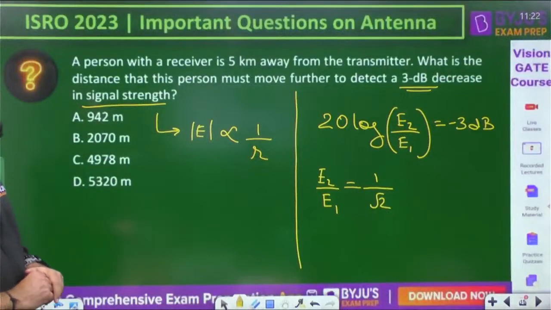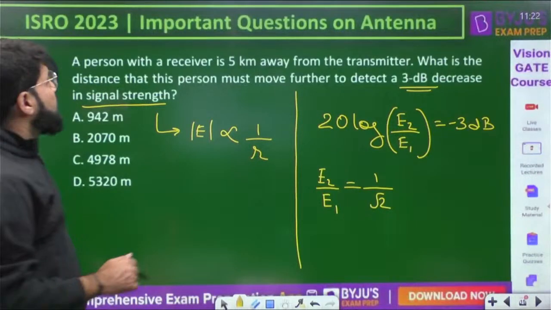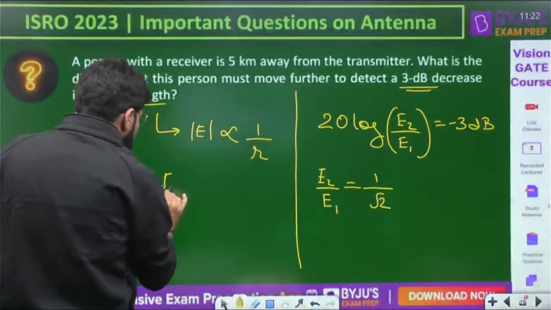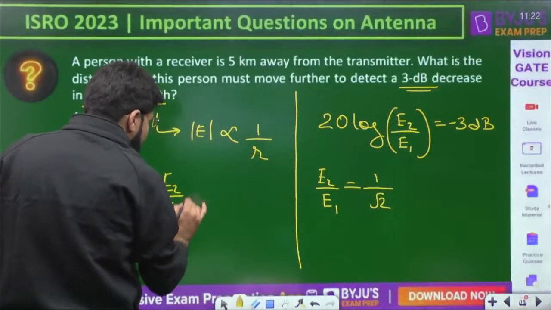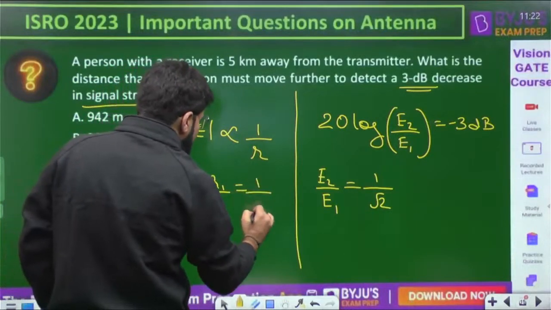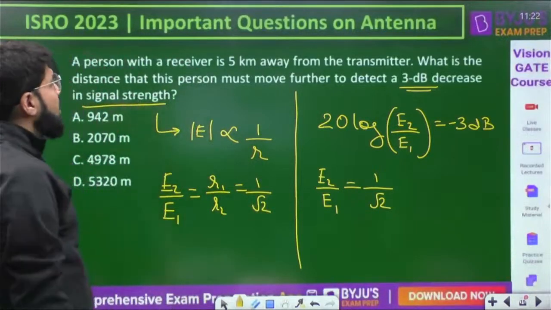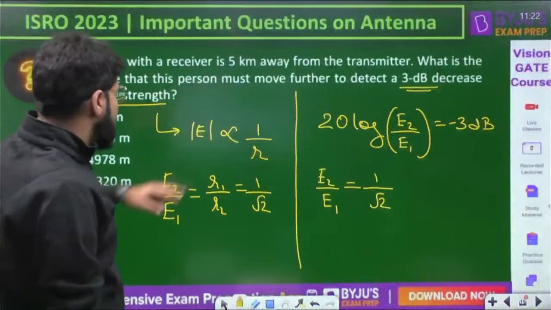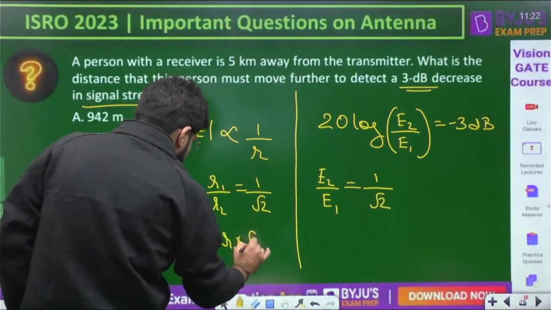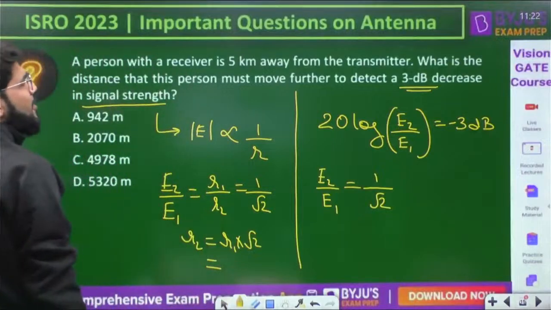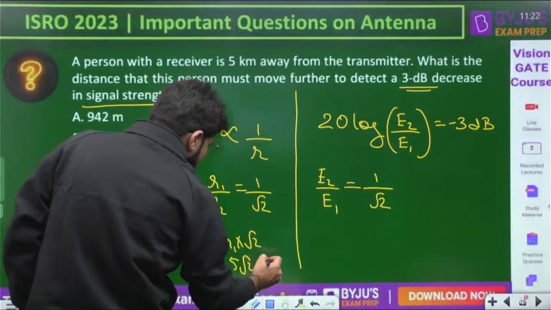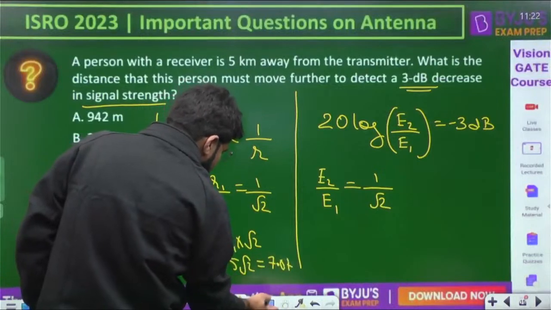Now E2 by E1 is known, and because of the inverse relation, E2 by E1 should be equal to R1 by R2, and that is 1 by root 2. So R1, the first distance, is 5. What should be the second distance? R1 into root 2, so that should be 5 root 2. 5 root 2 approximately will turn out to be 7.07 kilometer.